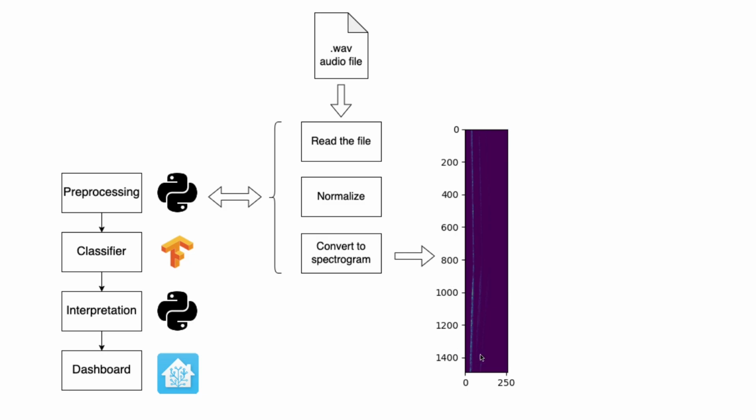So we will have a two-dimensional image at the end of this process. Here we have frequency, and it's about breaking the audio into a pre-configured number of frequencies. It's not a continuous value here. And here we have time.